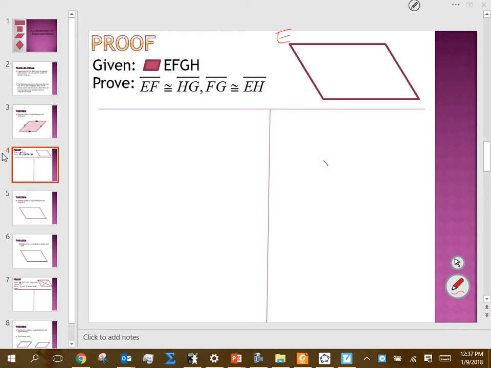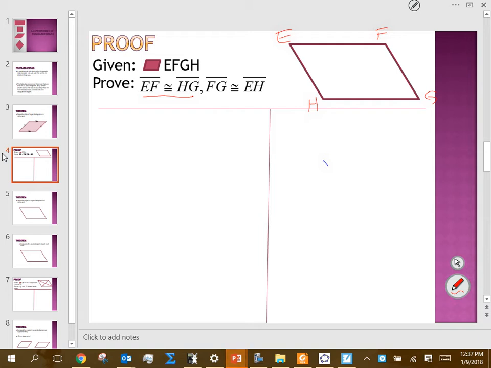So that matches my if part. If you have a parallelogram, then, now your proof part is your then part. So then opposite sides, EF and HG, and FG and EH, are opposite sides.